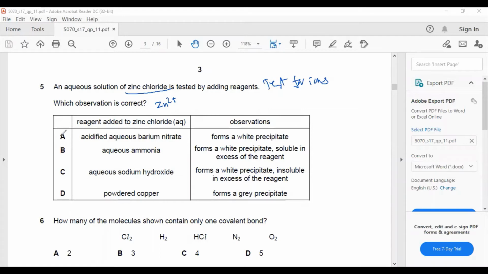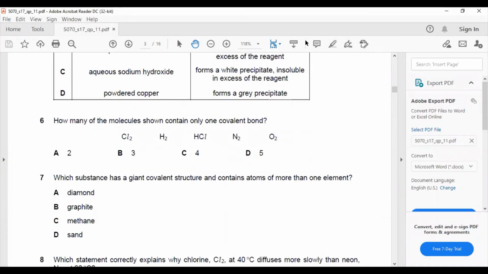So you don't add barium nitrate for zinc ion. For aqueous ammonia, zinc gives a white precipitate which is soluble. Yes, that's the test. Okay, that one is wrong because zinc is always soluble in excess. So B is the answer.